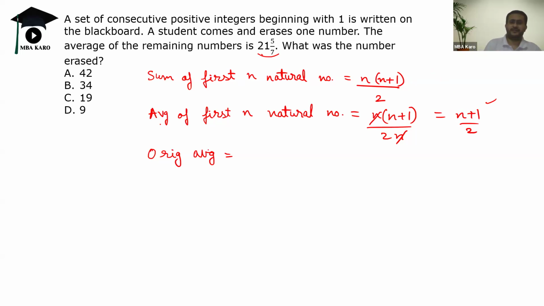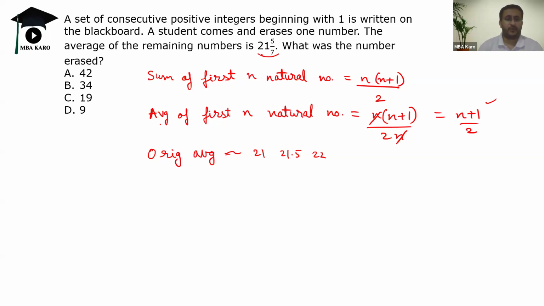So our original average is somewhere around 21. It could be 21, it could be 21.5, right? It could be 22 also. It can decrease to become 21 5 by 7. It can increase, like it was 21 and became 21.5, right? So that is one guess you need to take. Now we have taken the guess that it is close to 21.